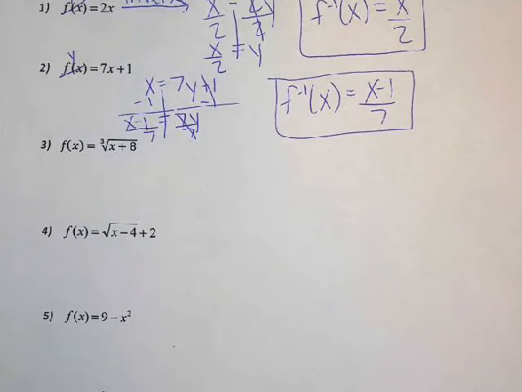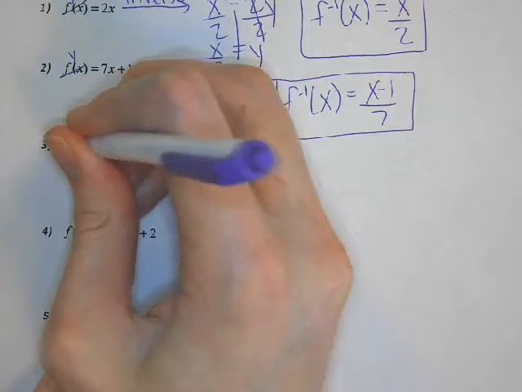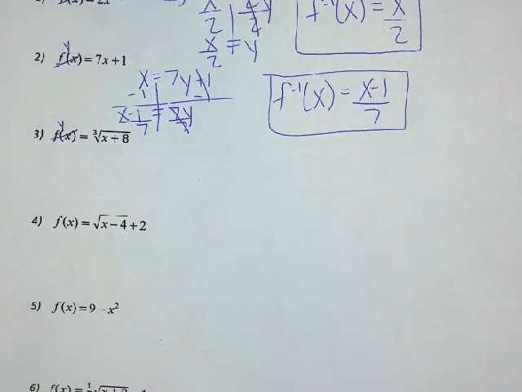Okay, so let's follow the same 3 steps, guys. Same ones. So, first off, make it easier for algebra's sake. Make the f of x a y. Okay, and then second of all, we're finding an inverse function, which means we need to write the inverse.